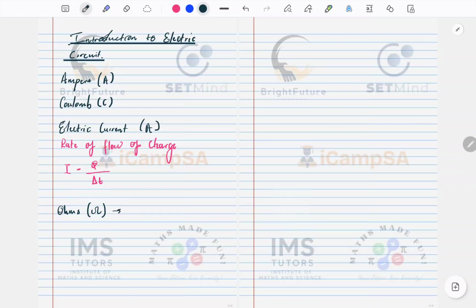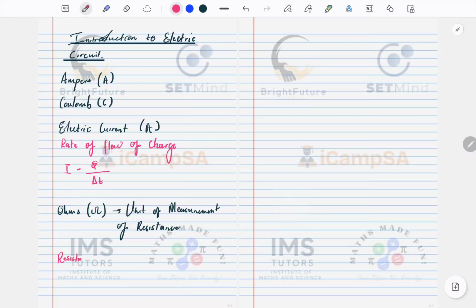Actually, let me write it like this: unit of measurement of resistance. Okay, what is resistance? We will see.